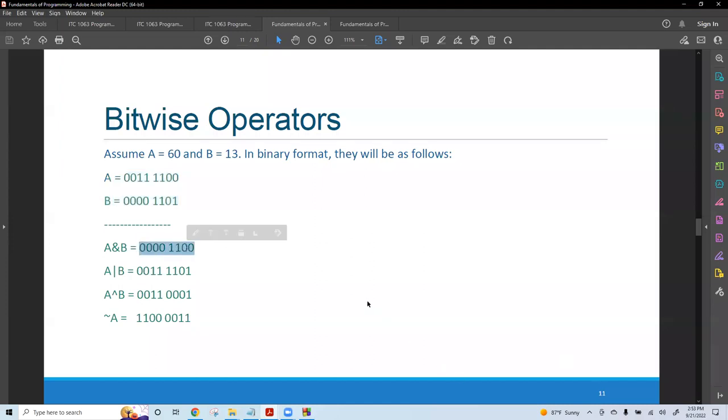So what is the number represented by this binary value?